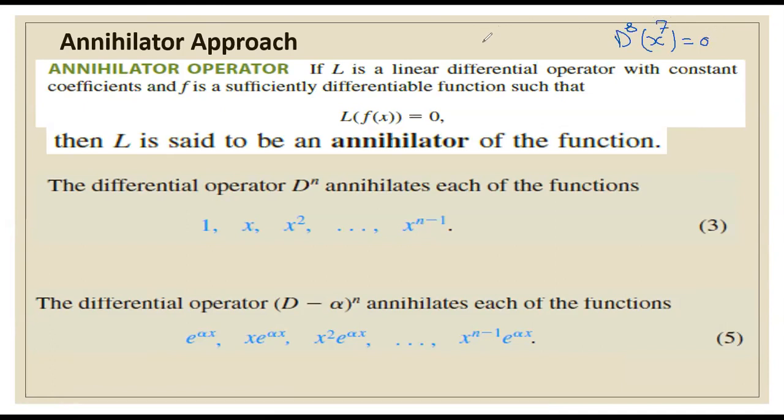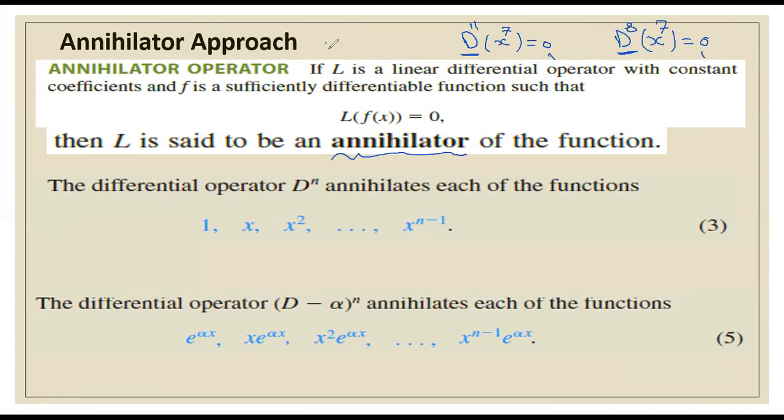Now let me ask you about D to the power 11 of x to the power 7. Is it 0 or no? Yes. So D to the power 8 and D to the power 11 both give me 0. You will choose the simplest one between them and call it the annihilator. So D to the power 8 is the annihilator.